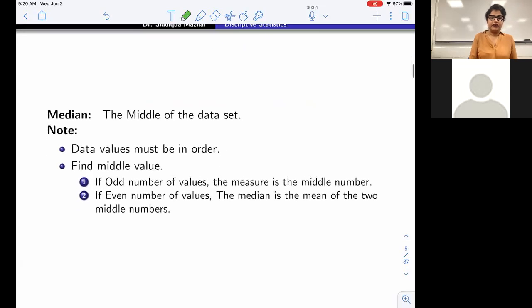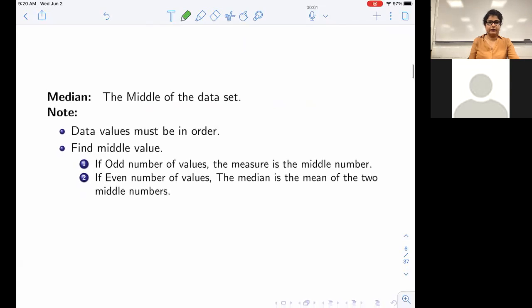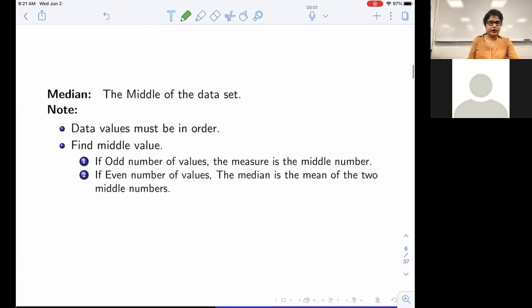Okay, another way of finding the center of the data is the median. Median is actually called the middle of the data set. Most of the time you have heard this when you find, let's say, the house price in Michigan state.